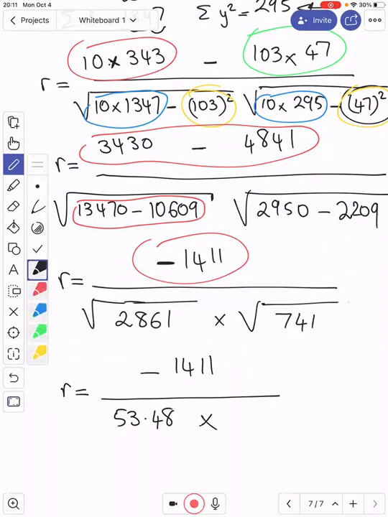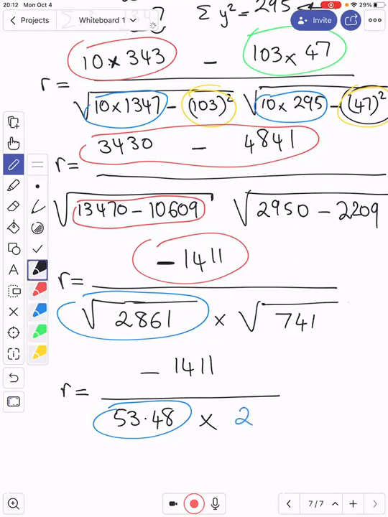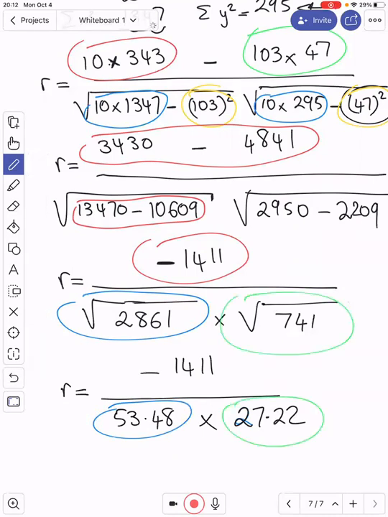Times the square root of 741. So that will be equal to 27.22, I think, right? So this is just 27.22, okay?